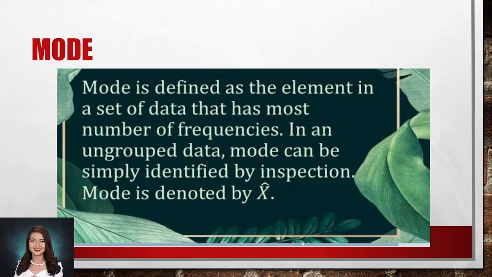Unimodal is a distribution of scores that consists of only one mode. Bimodal is a distribution of scores that consists of two modes. Trimodal is a distribution of scores that consists of three modes, and multimodal is a distribution of scores that consists of more than two modes.